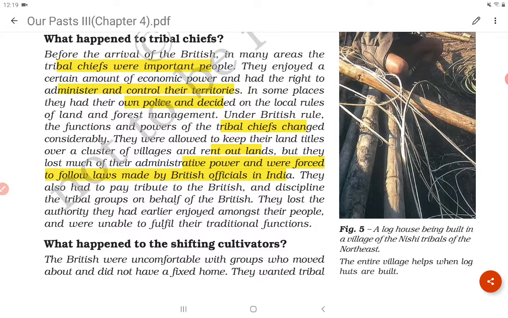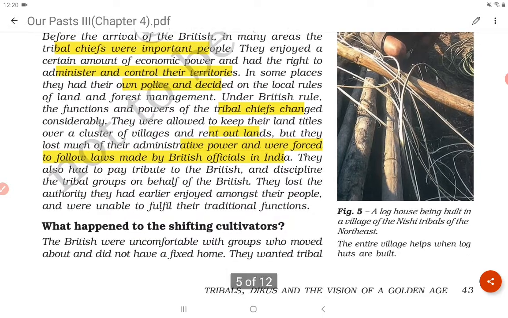They also had to pay tribute to the British and discipline the tribal groups on behalf of the British. They lost the authority they had earlier enjoyed amongst their people and were unable to fulfill their traditional functions.